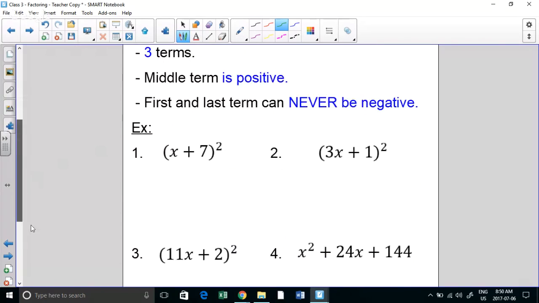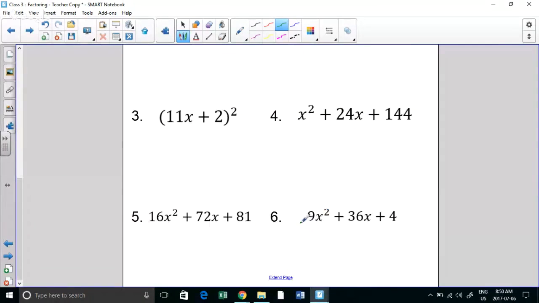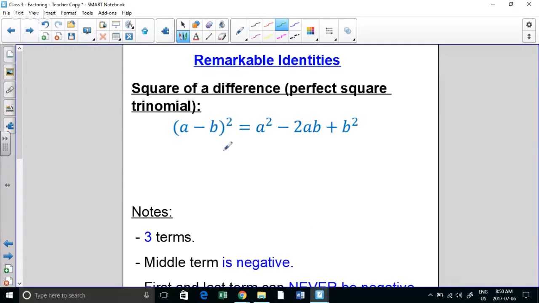We do that with very careful attention to little tricks like this, which was actually not a perfect square, but had the appearance of a perfect square. We were comfortable working with these forwards and backwards. The same thing with the square of the difference. Only difference is we have a subtraction here instead of an addition.